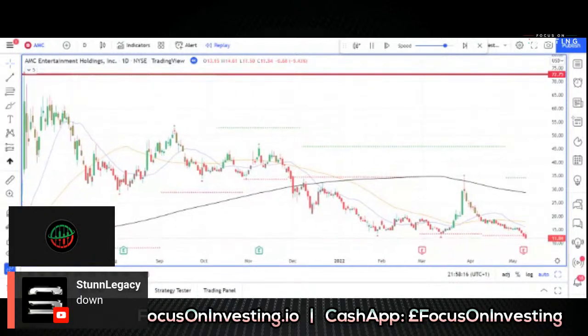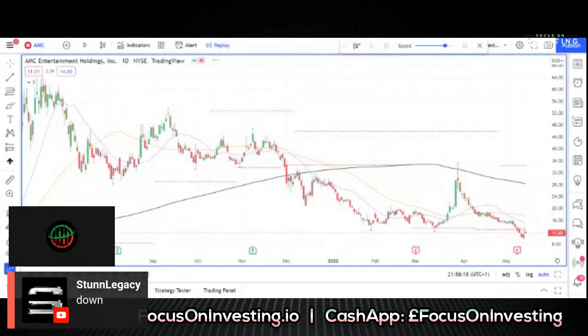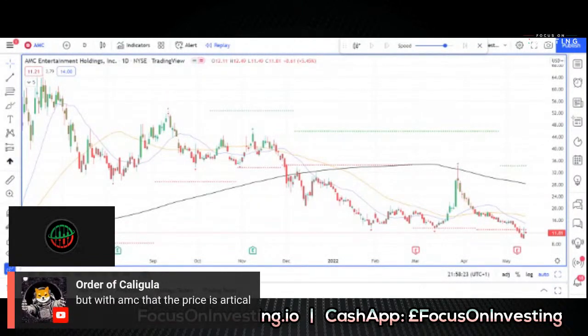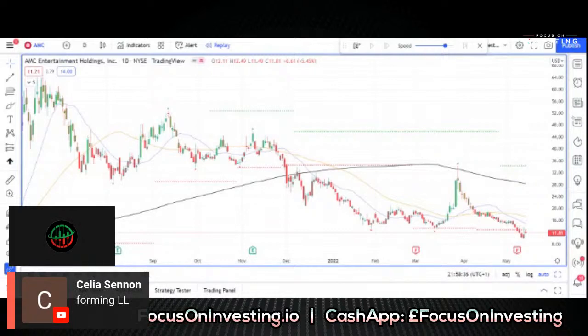Star Legacy says down. Order says the AMC price is article. What do you mean? Did you mean artificial? Forming lower lows, right?